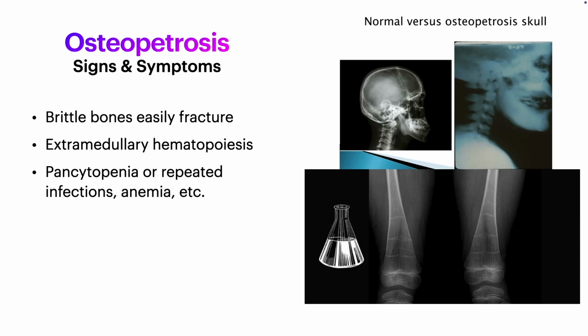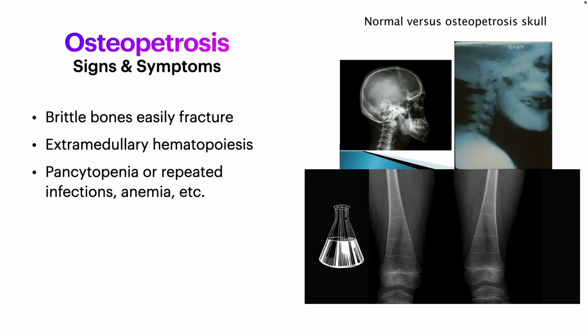And so, of course, that's going to affect red blood cell formation, white blood cell formation, all that kind of stuff. So that's why you see the pancytopenia. You may see repeated infections, because you don't have your white cells, anemia. We can't form as many red blood cells, and then of course the extramedullary hematopoiesis. That can also manifest as splenomegaly, etc.